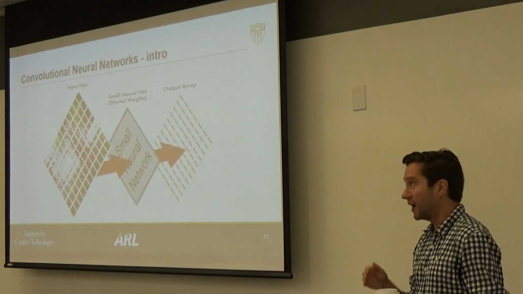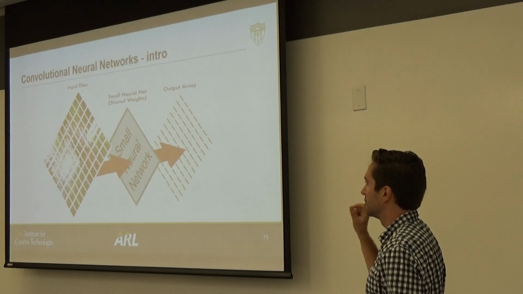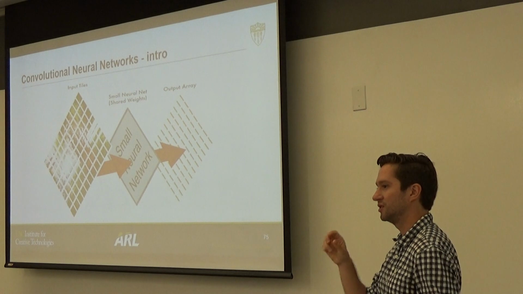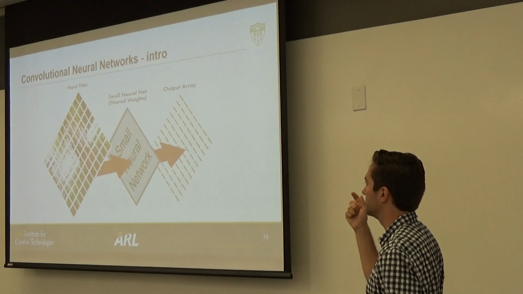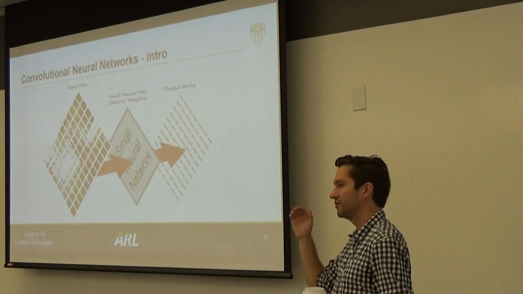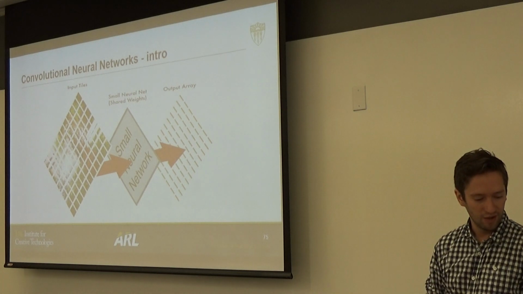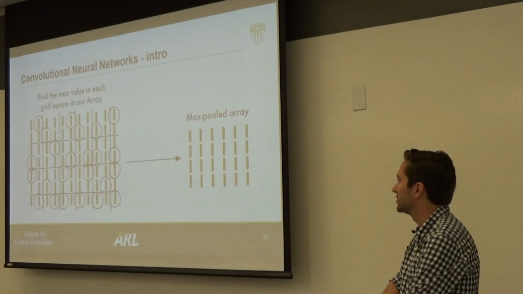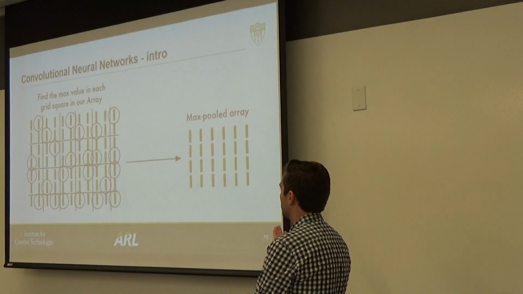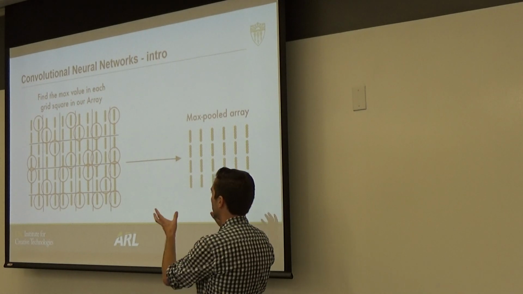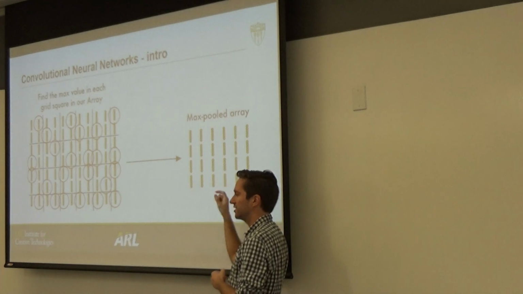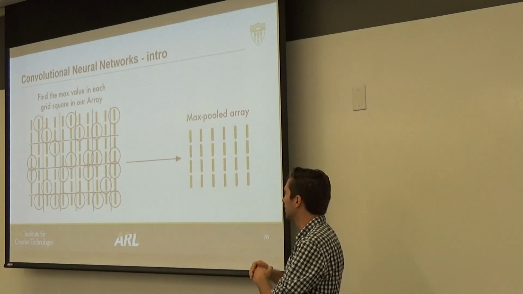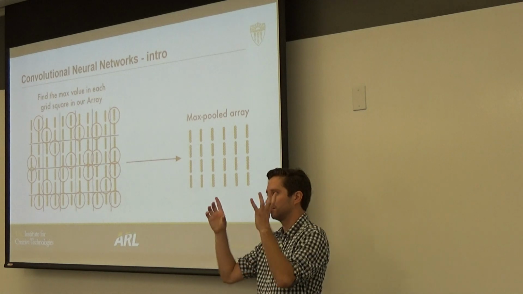So, for every one of these very small tiles, you basically use a very small neural network that's used to detect a tree or a baby on a very small image. And you get an output array for every one of these tiles. Another idea in convolutional neural networks is that if you know that a baby or a tree is very likely to be in one of these tiles, you don't have to look at the whole area.